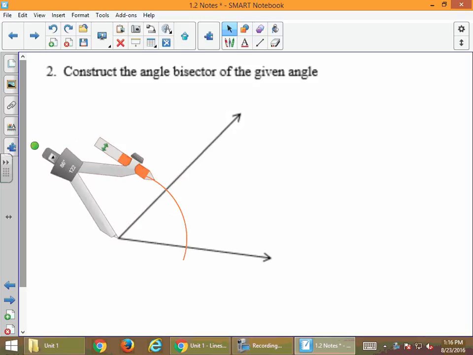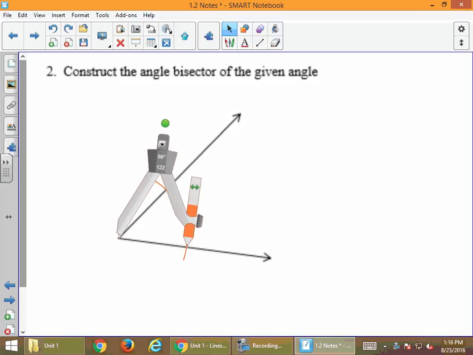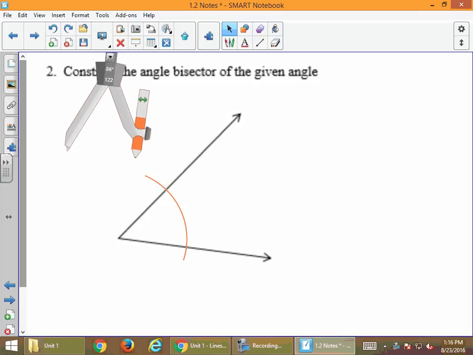Right there. So far, it's exactly like copying an angle. So I made an arc that connects both. Here's where it gets different. Do not adjust your compass. If you did, go back and remeasure it, but you don't have to adjust your compass.